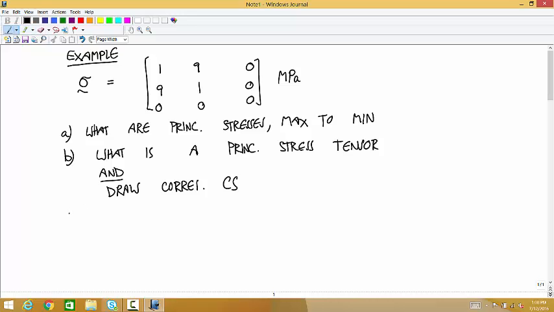And then third, rotate the coordinate system positive 45 degrees about the axis for the middle principal stress.